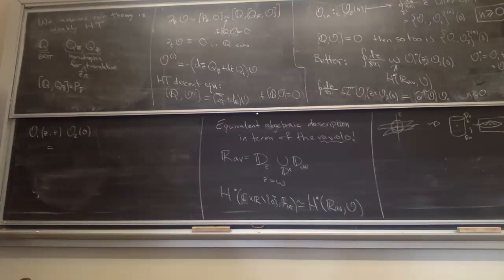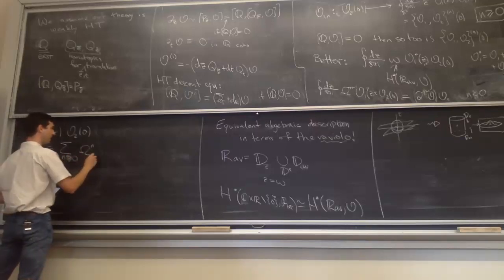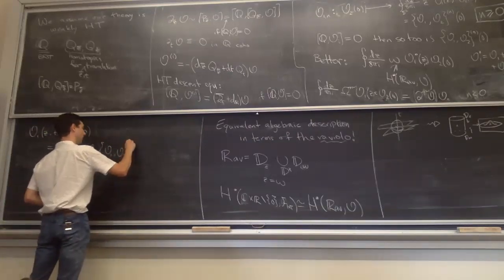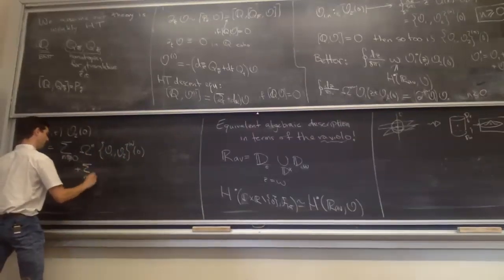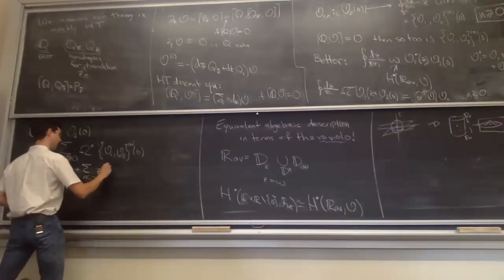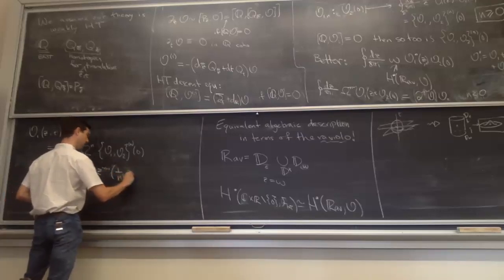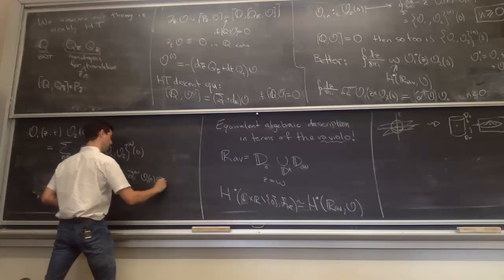So we're just going to do the same thing we had before. We'll have 2 types of terms. So for n greater than or equal to 0, we'll have omega n, bracket O1, O2, n, 0, plus some n less than 0, z to the minus n minus 1, 1 over n factorial, derivative to the minus n minus 1, O1, 0, O2, 0.